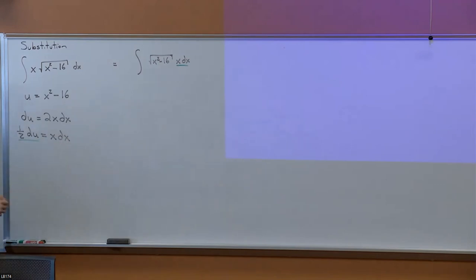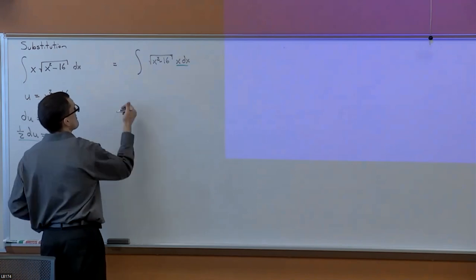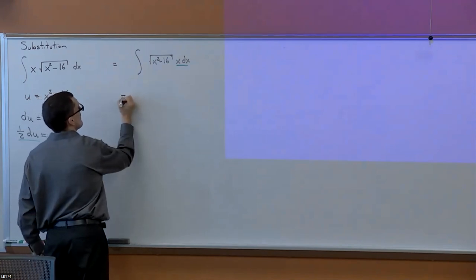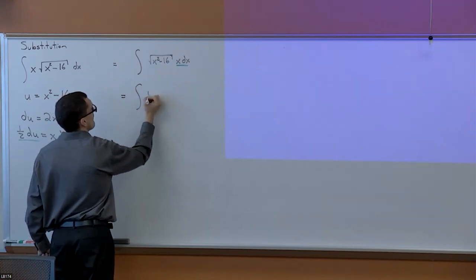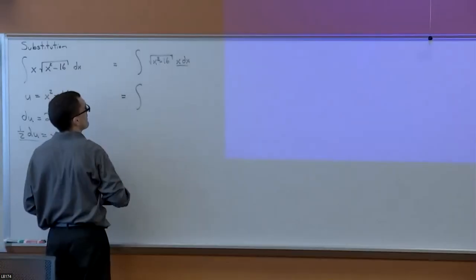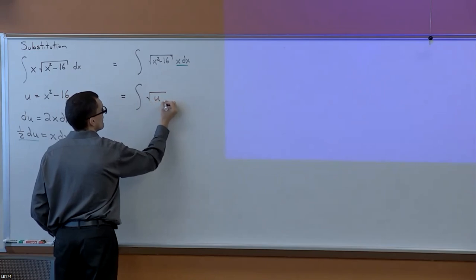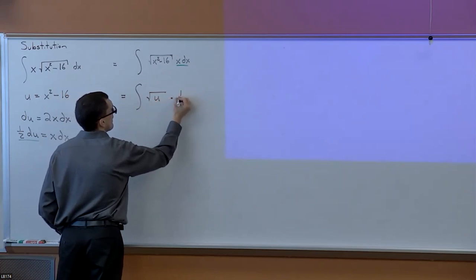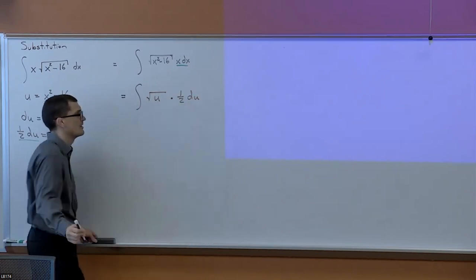The square root of x squared minus 16 will become square root of u. Right this way: square root of u times 1/2 du.